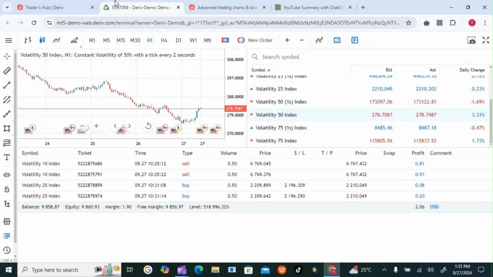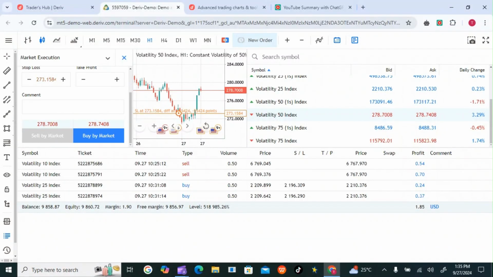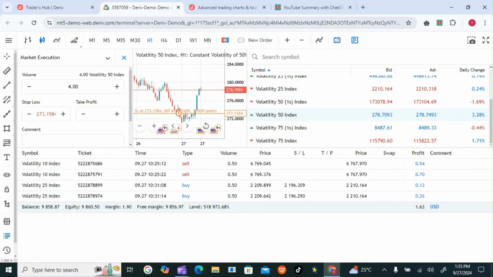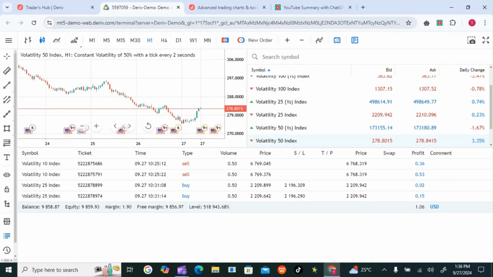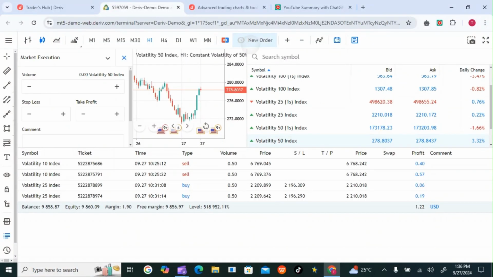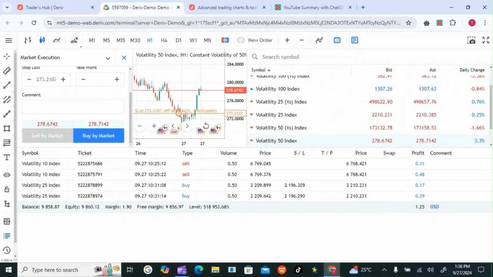So volatility 50, sell, and that's another entry. I don't know why it doesn't want to. So we want volatility 50, that is a clear entry. So new order, and then we say a sell. Why? This derivative trading likes manipulating people so much.